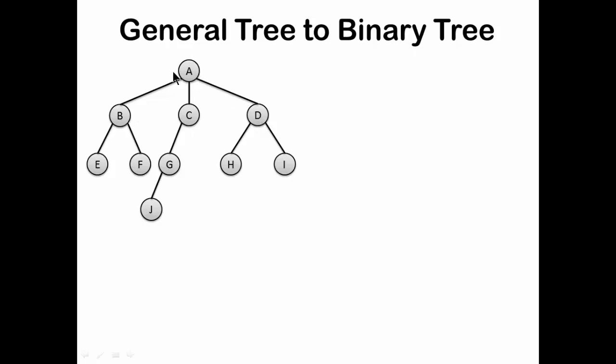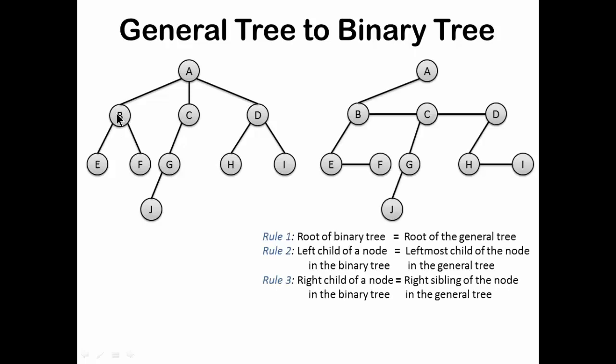And now since it can have multiple children, you cannot decide which one to opt as the right child, right? So you will break all these links, and all these siblings would be connected as the right child of the sibling towards the left hand side. Let's see how we do that. So we have removed all the links, all the siblings are connected horizontally, all the left connections are kept.